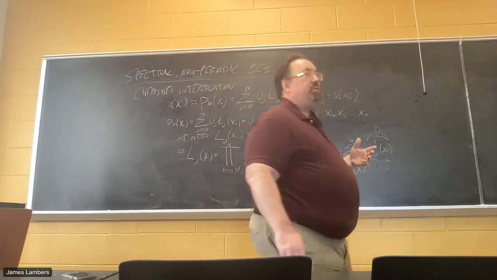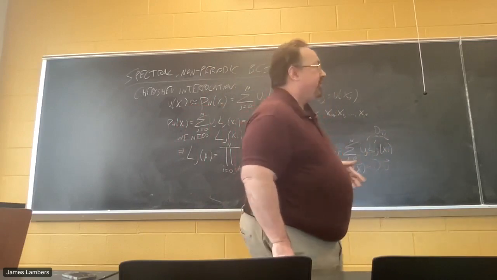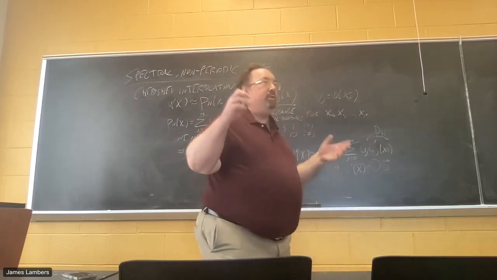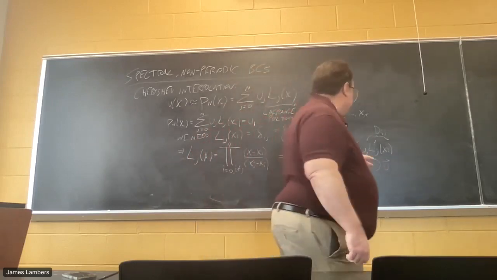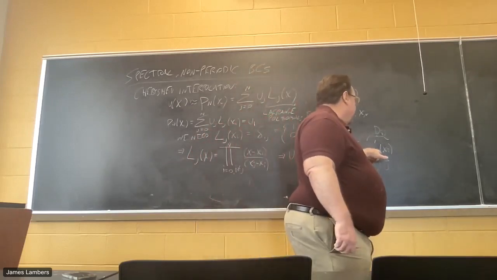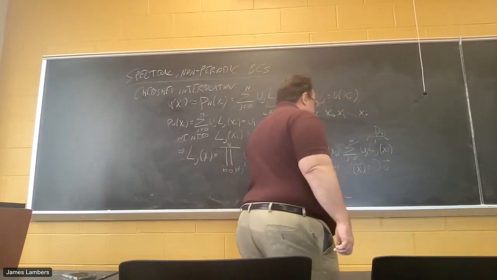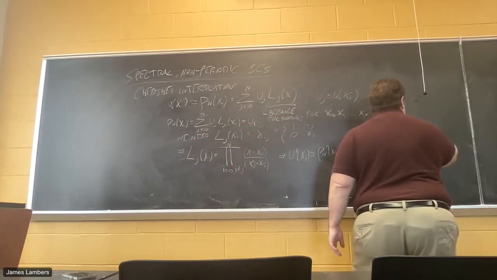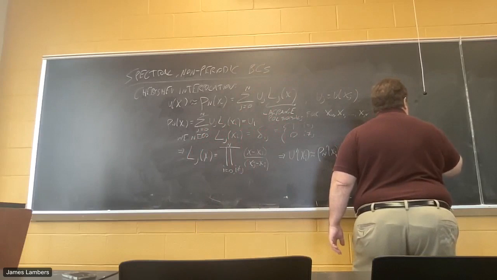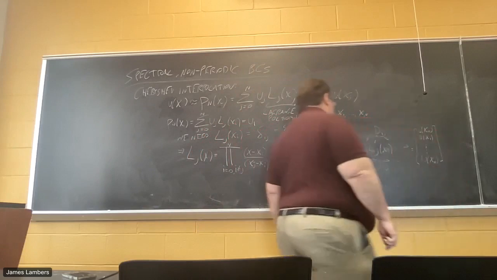In most cases, we can describe numerical differentiation as a matrix-vector multiplication. You have your vector of function values, you multiply it by your differentiation matrix, and you get your approximate derivative values. For clarity, u is the vector consisting of u of x0, u of x1, up to u of xn.